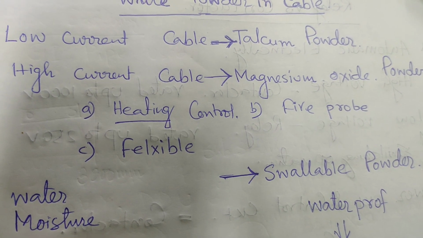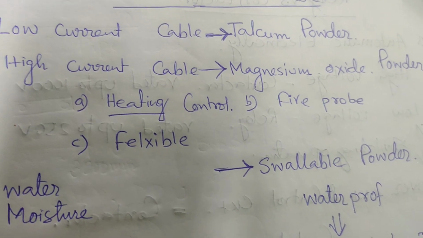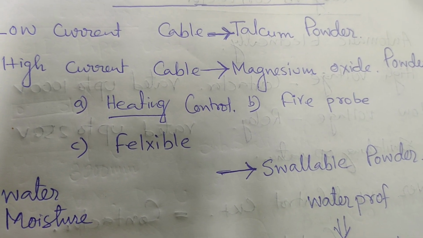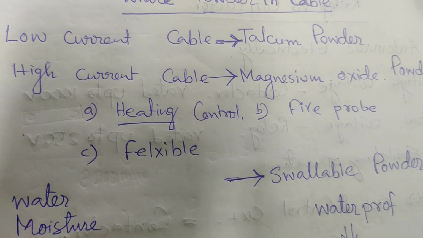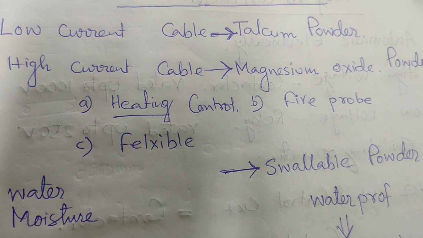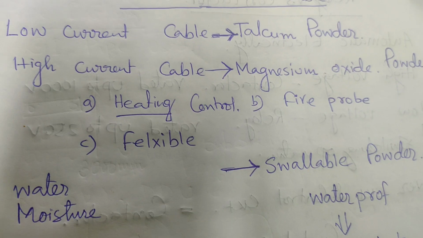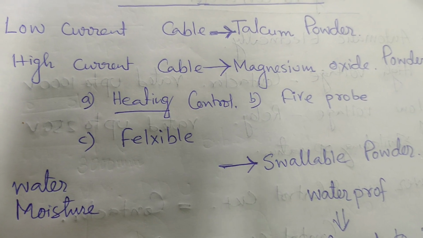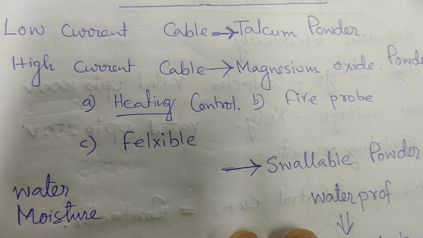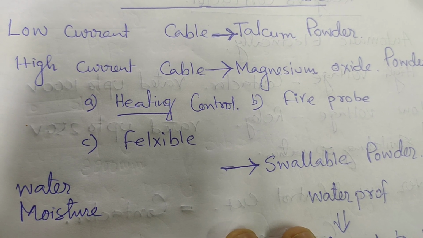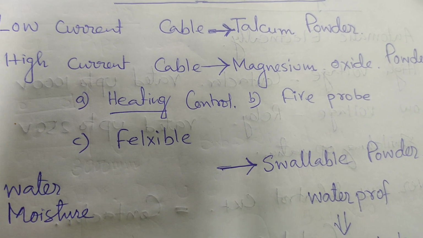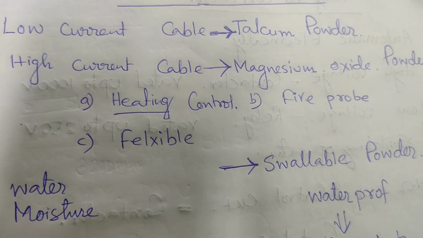It can dissipate the heat from the cables. So if high current is flowing, there will be a heating effect. If that heat is dissipated very soon, then the cable life and longevity will be maintained for a long time.